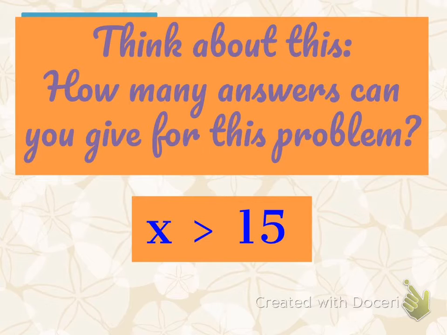Could we keep going forever and ever and ever? Yes. Okay, so that's the whole purpose of graphing the answer, so that we can show that whatever answer is going to be greater than the number 15, right?